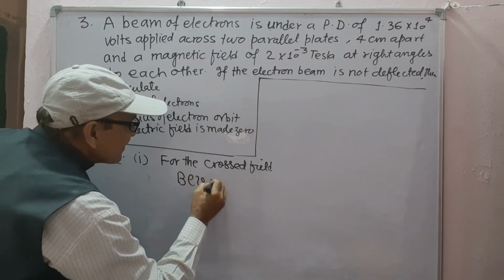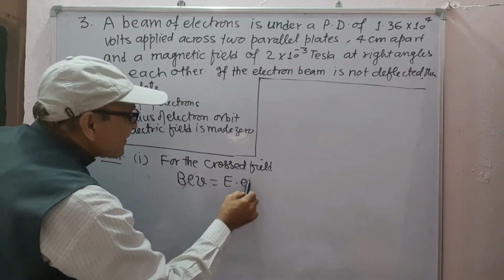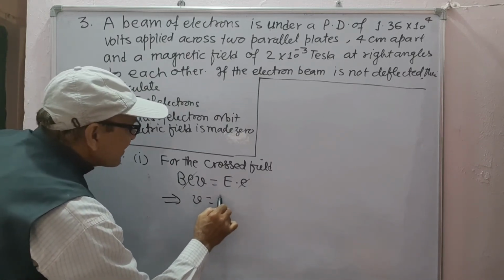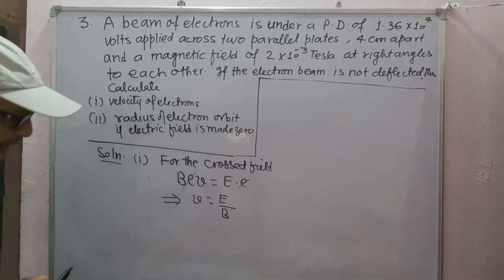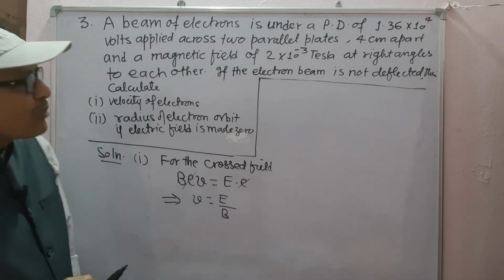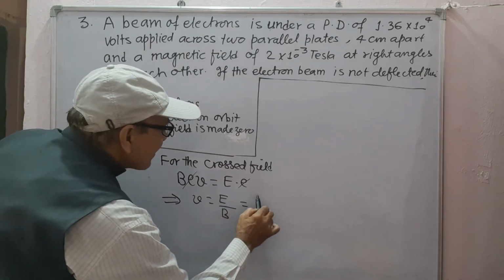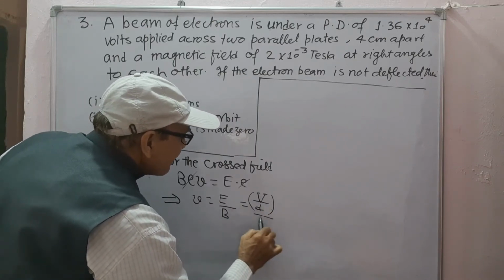Magnetic force BeV is equal to electric force eE, which gives v as E upon B, and as you know, E is equal to potential gradient, means V by d. So E can be replaced as V by d upon B.